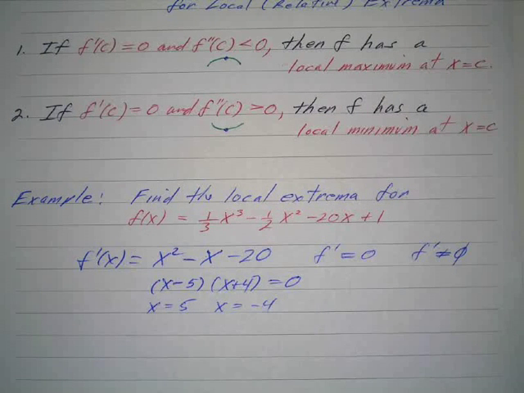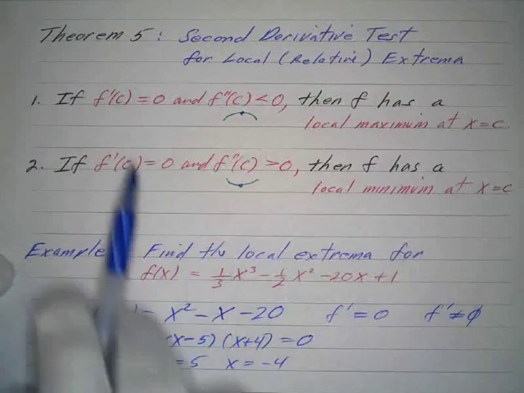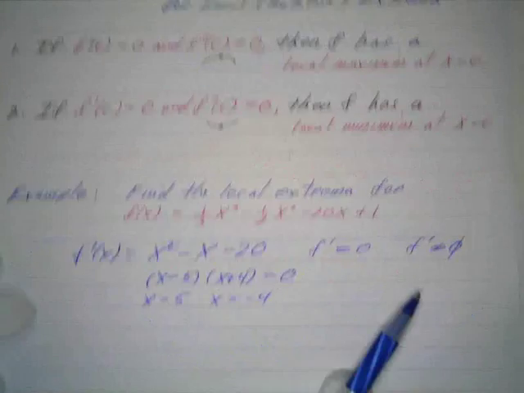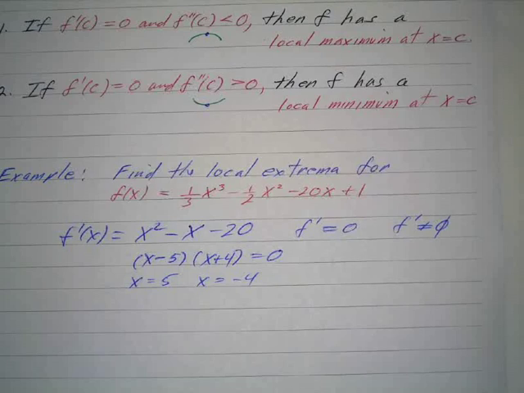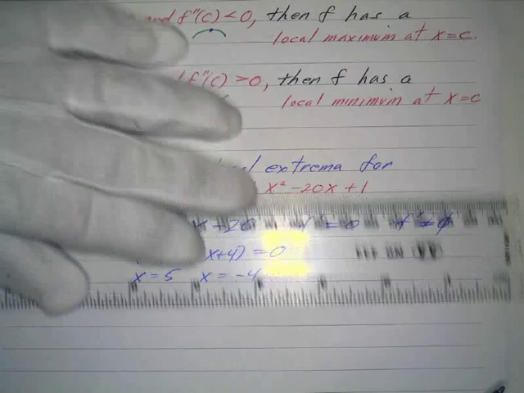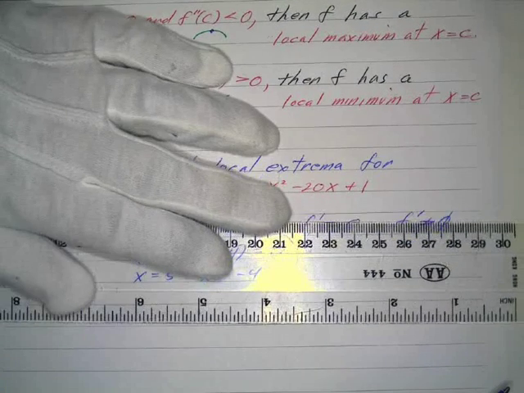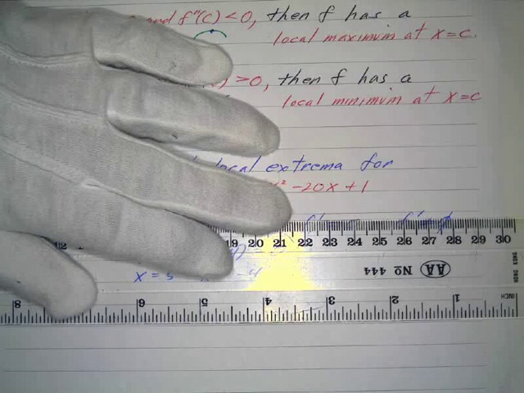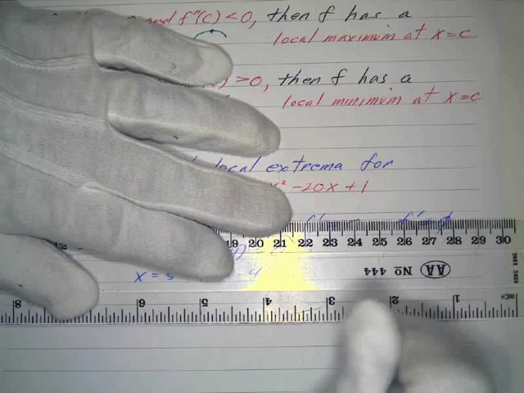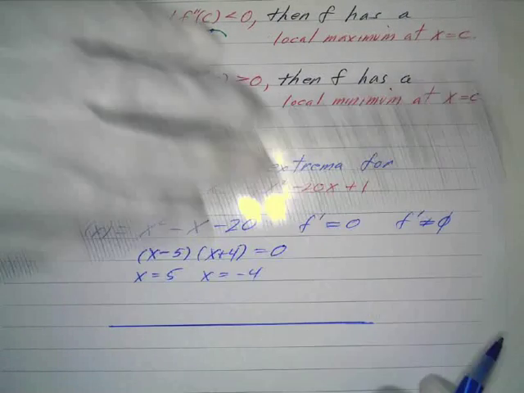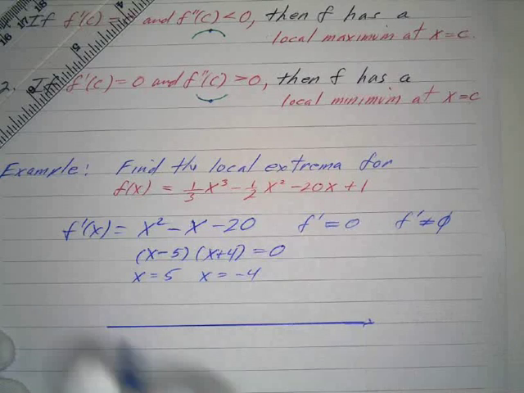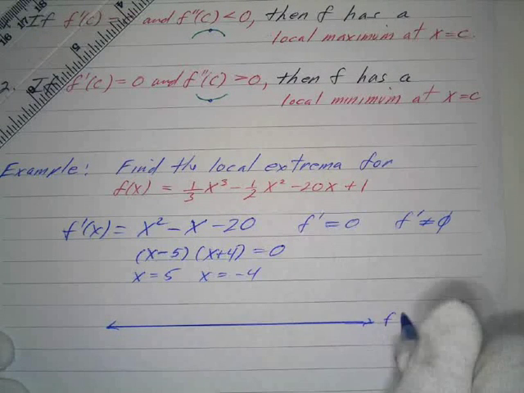So we have x equals 5 or x equals negative 4. Those would be the points where f prime of c, if we go back and look at the theorem, is equal to 0. Okay, so we'll use our ruler to draw a nice straight line. This will be our first derivative here. This will be f prime.